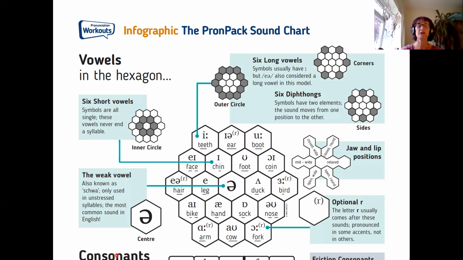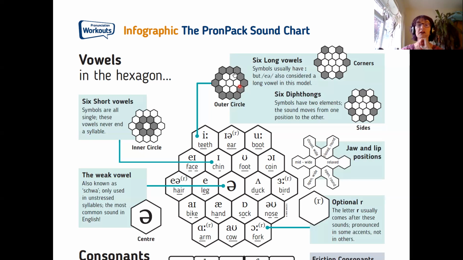So it looks a little bit complicated, but actually it's a very clever reinterpretation of the kind of standard phonemic chart. So we've got an outer circle and an inner circle and a center.